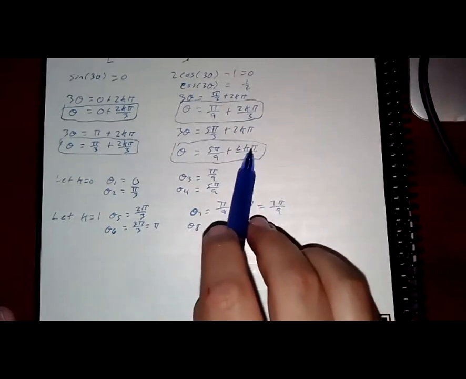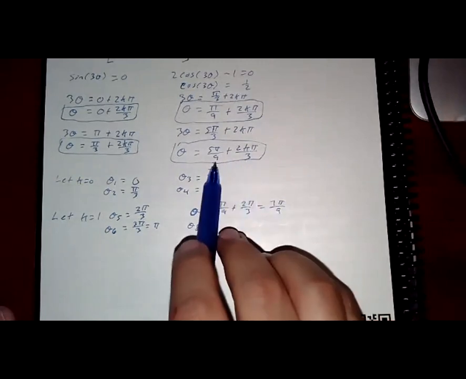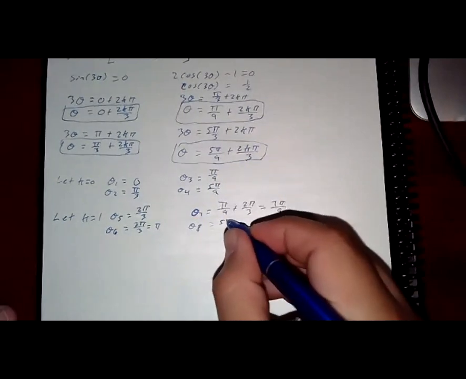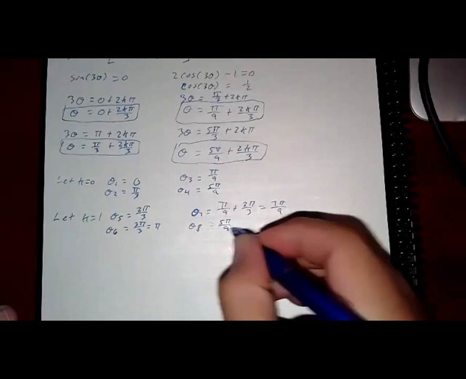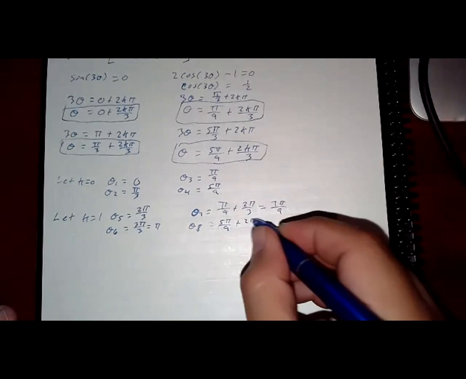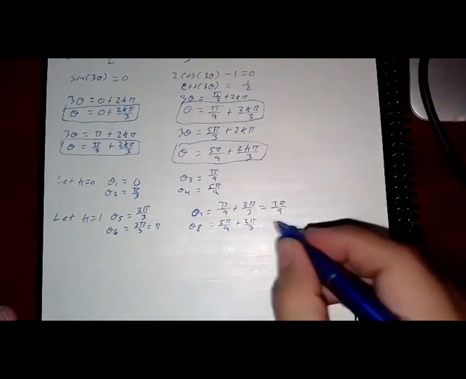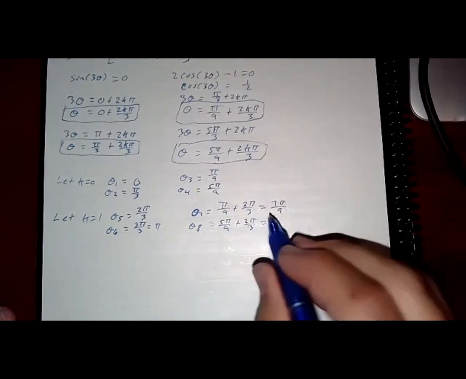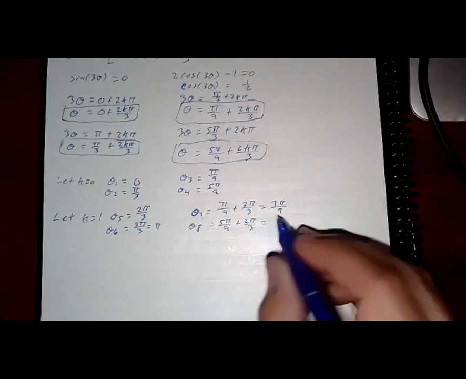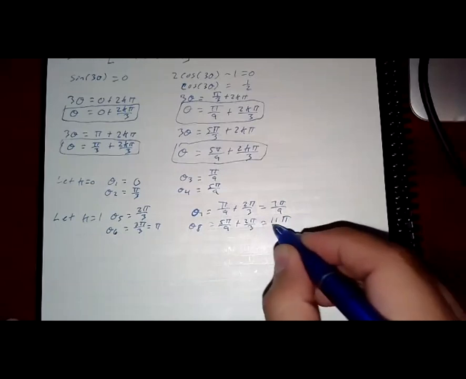Putting in a 1 in here, it would be 5 pi ninths plus 2 pi thirds, which is equal to 6 plus 5, 11 pi ninths.